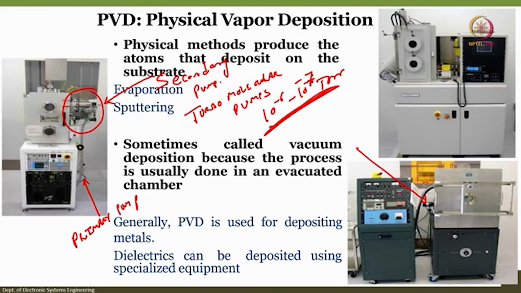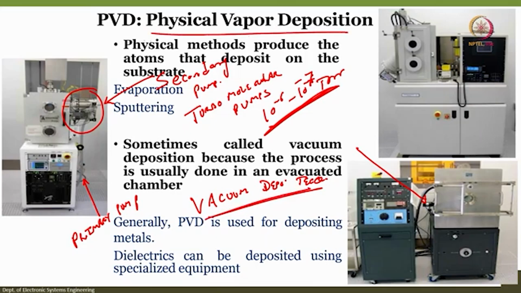So, if in some books you see vacuum deposition techniques, do not worry about it. Physical evaporation techniques are also called vacuum deposition techniques, because the deposition occurs in the presence of vacuum. So, now what you have seen, the primary pump and secondary pump are used to create vacuum.